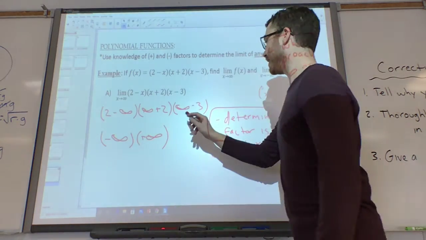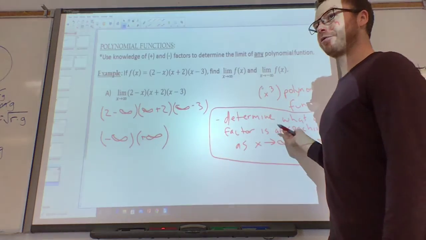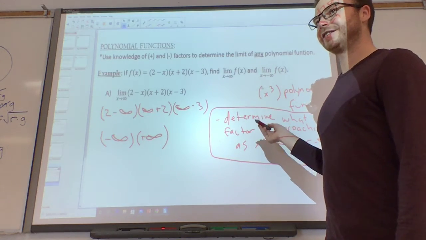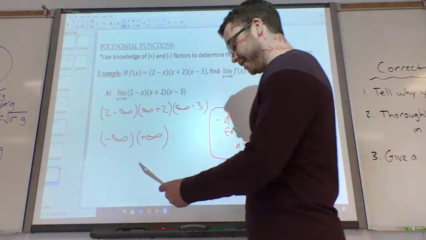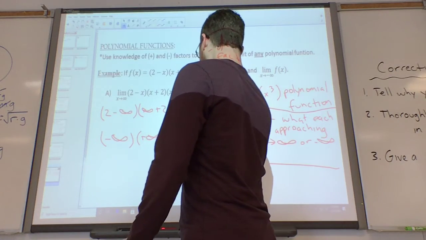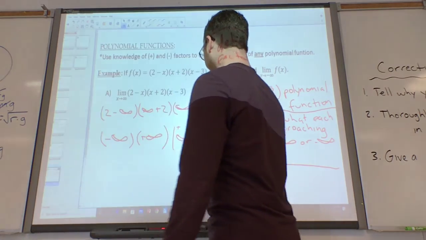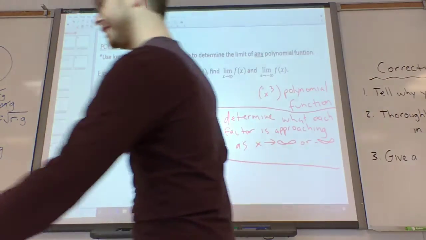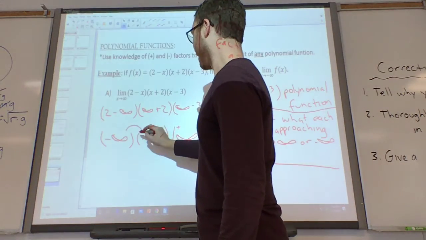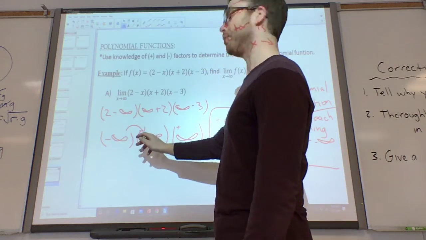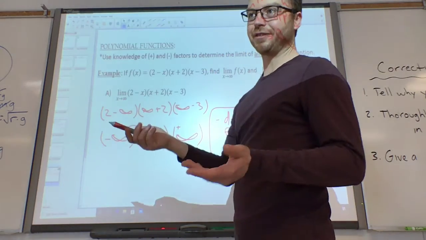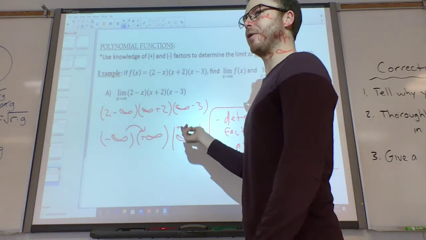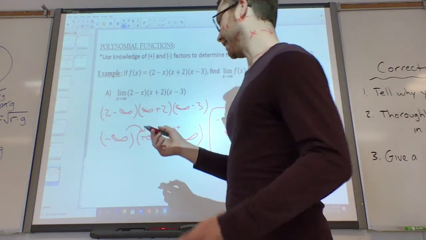And then lastly, infinity minus 3. Still positive infinity, right? Good. And positive. Don't forget that. So in that case, then we're just going to multiply them together. So negative multiplied by positive gives us a negative, of course, and then a negative multiplied by a positive is a negative as well.